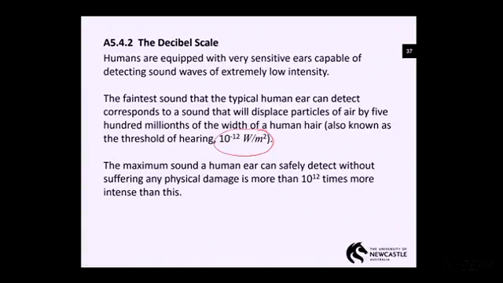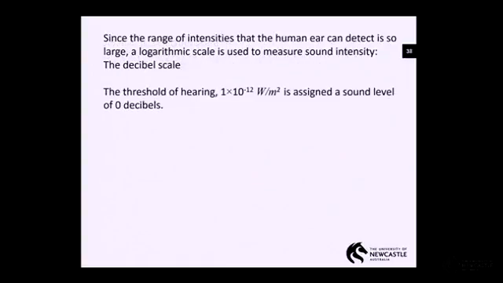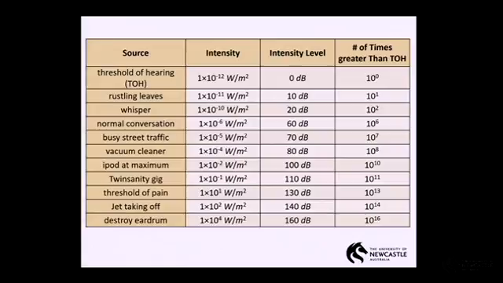So if you run your fingers down the right-hand side, can you see that column? So you can see that the threshold of hearing has come in at that number there. That's the intensity. And it's been allocated 0 decibels.